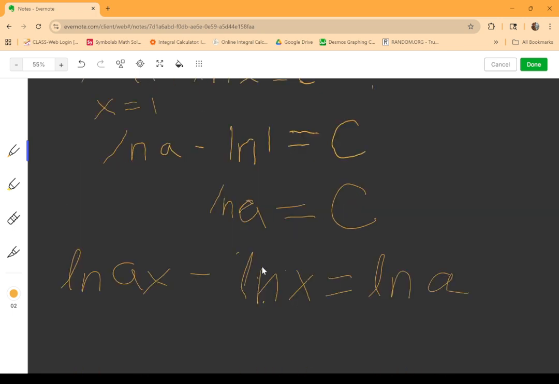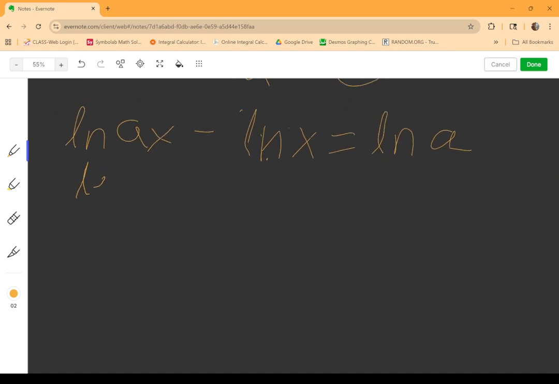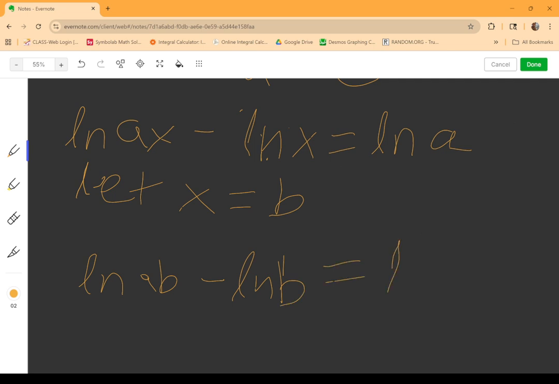And now letting x equal b, we get ln of ab minus ln of b equal to ln of a.